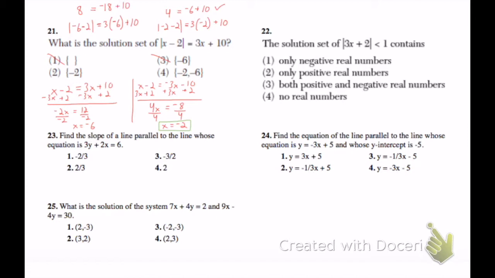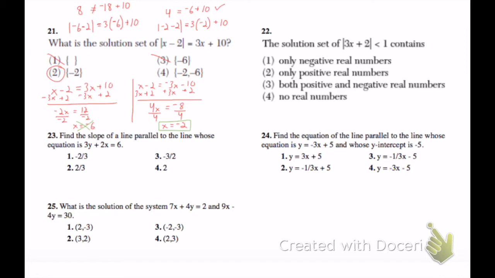Well, we see that 8 does not equal negative 8. So we see that x equals negative 6 cannot be a solution. Therefore, the only answer to this problem is choice number 2. The solution is negative 2.